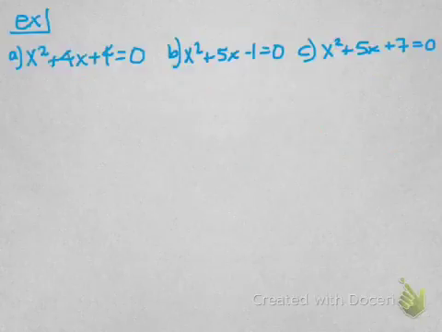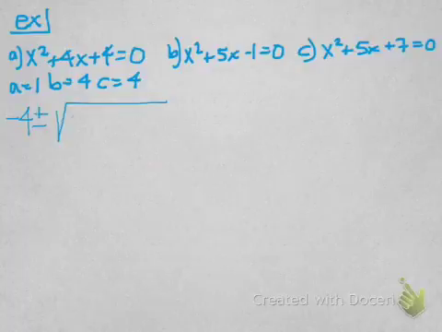So let's do an example. These examples are going to show the three different types of answers. In the first one, we have a quadratic equation. We're going to use the quadratic formula to solve it. So a equals 1, b equals 4, and c equals 4.